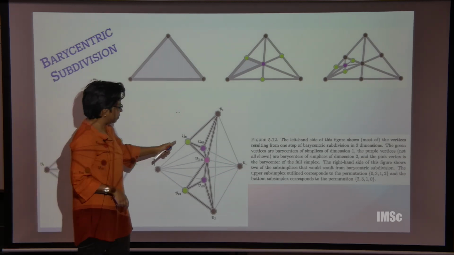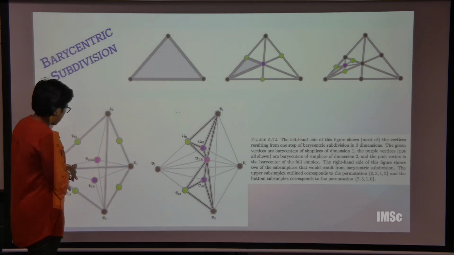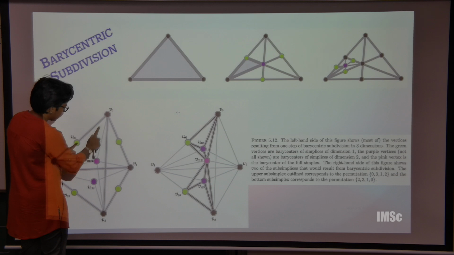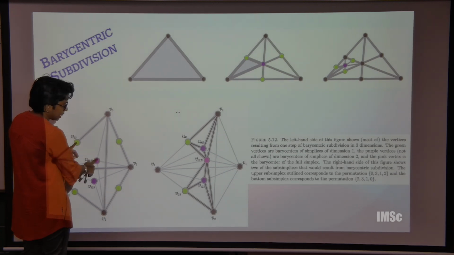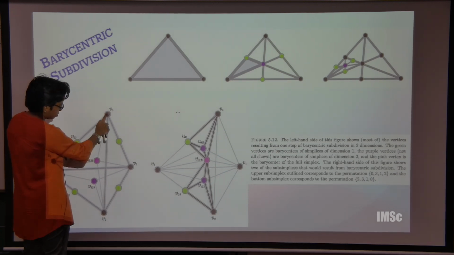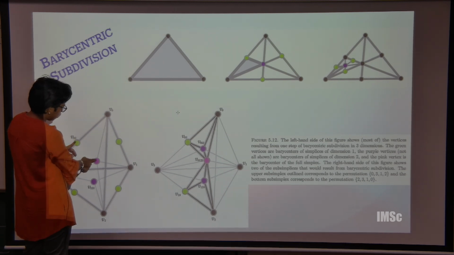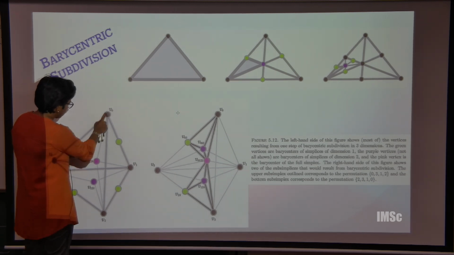This picture is basically saying I can create a subdivision if I zero in on this. They do not have the 0, 1, 3 vertex here.